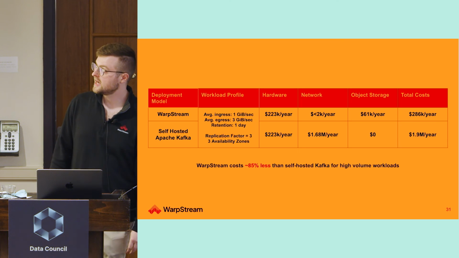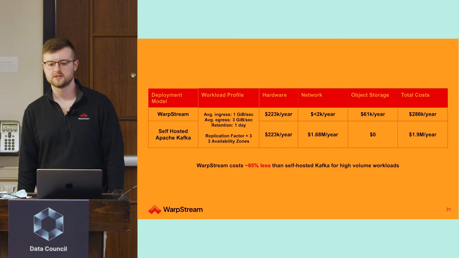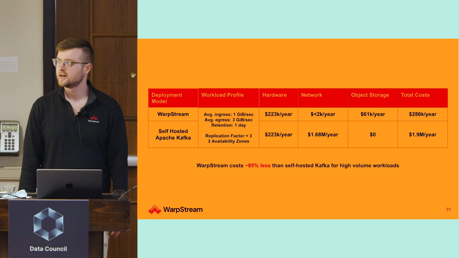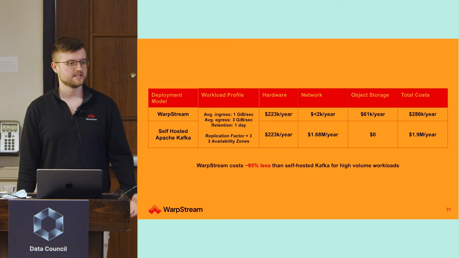So this is what you get from all of that work that I just described. You get a dramatic reduction in infrastructure cost. This is a fairly large workload that we're modeling here, very similar to the workload that we're showing off in the demo at our booth.